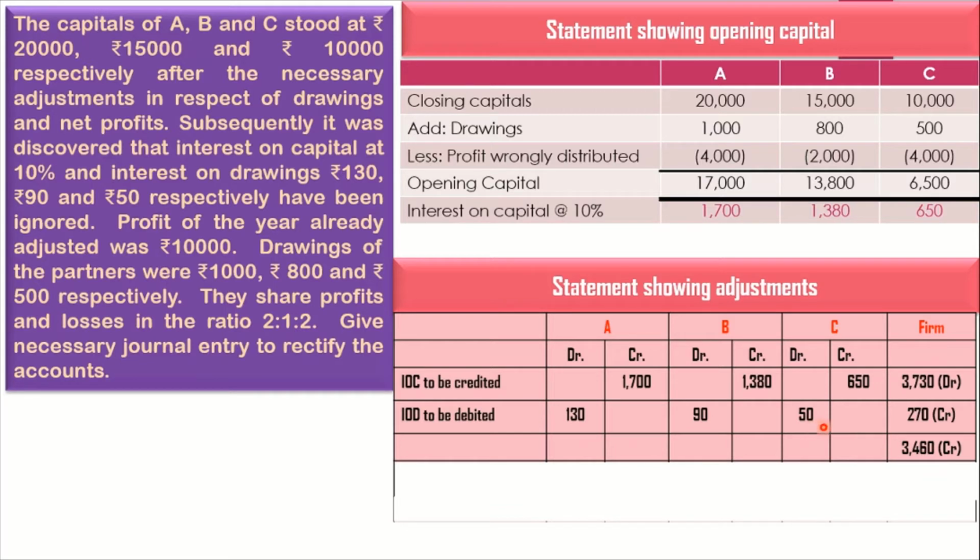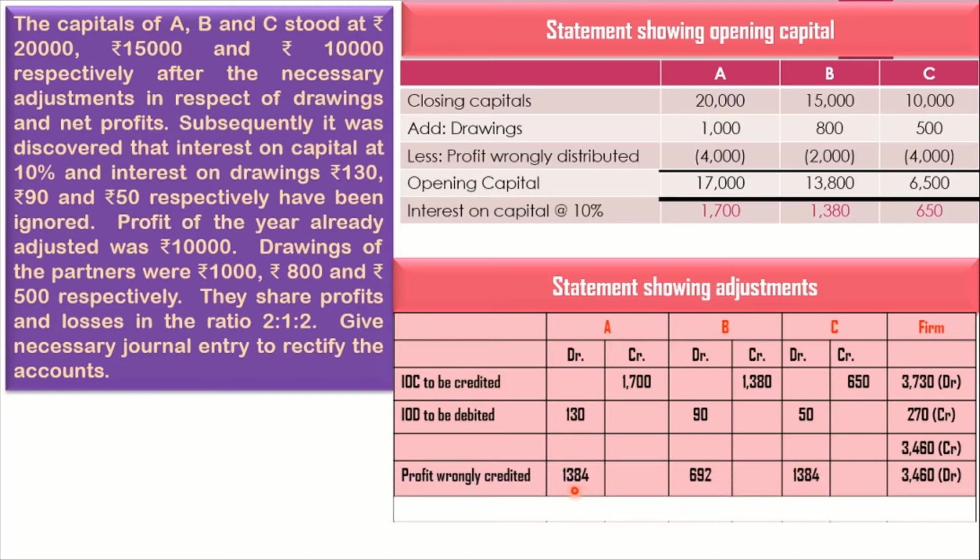So if in the firm I'm crediting, then in the capital account, because it's totally opposite, I'm going to debit the amount. The wrong profit, which was given in excess without providing these things, is the actual amount whose effect they received in the form of divisible profit, so I'm going to take it out, that is, debit the amount. Then I'll total all the columns, and here you can see my total will be nil.